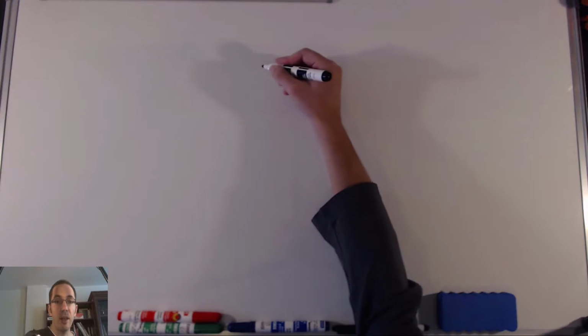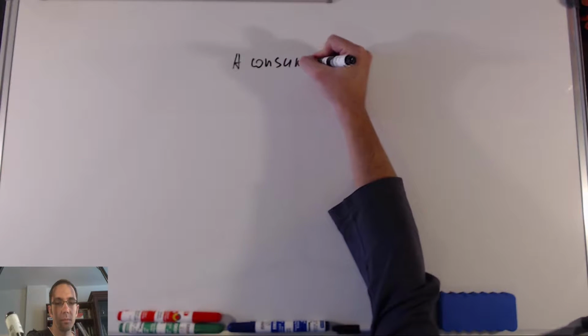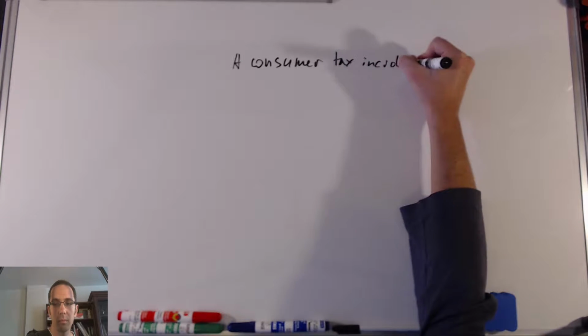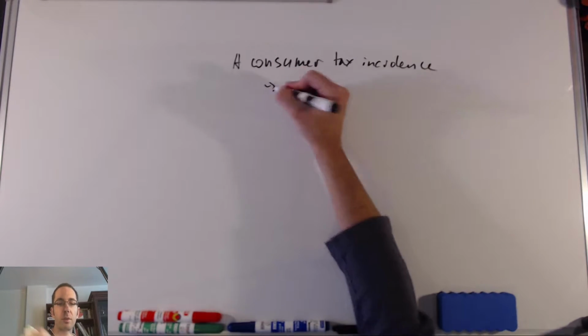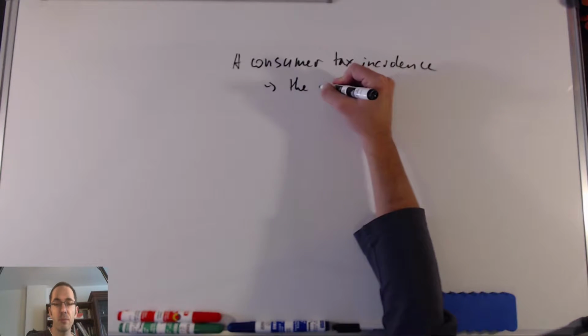So let's start first with the definition. And the definition of tax incidence is precisely the burden of the tax on either the consumer or the producer. Thus, we are going to have a consumer tax incidence, which is, as we said, the burden of the tax on the consumer.